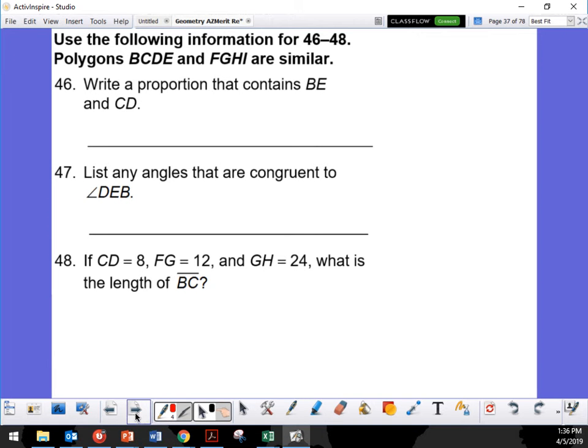Next one. Use the following information for these problems. Polygons BCDE and FGHI are similar. Write a proportion that contains BE and CD. Are you sure about that?